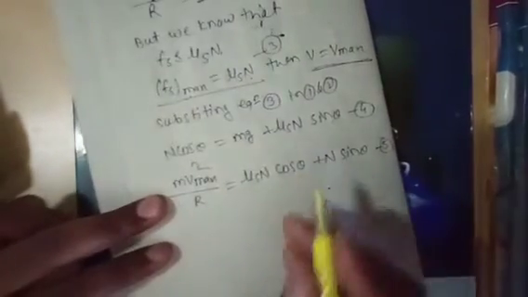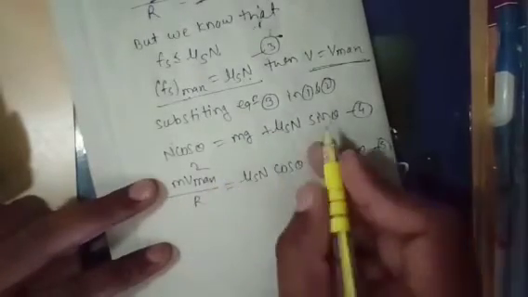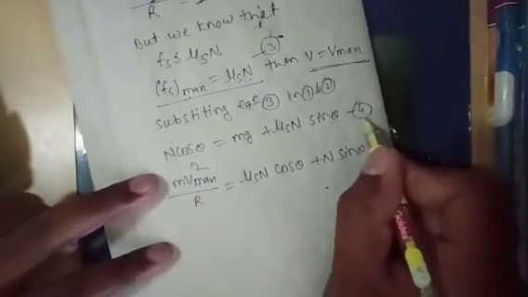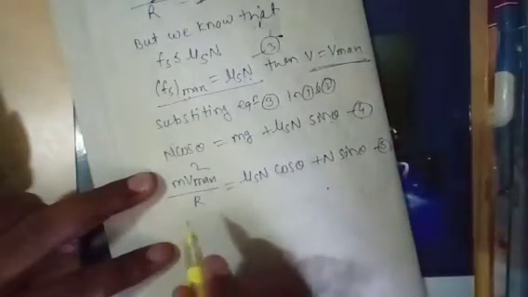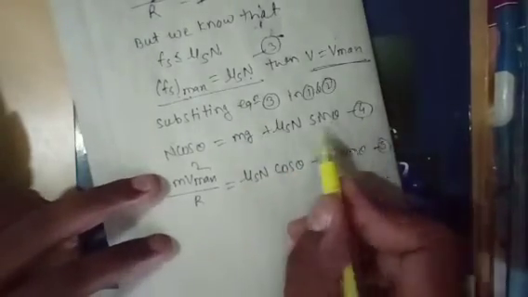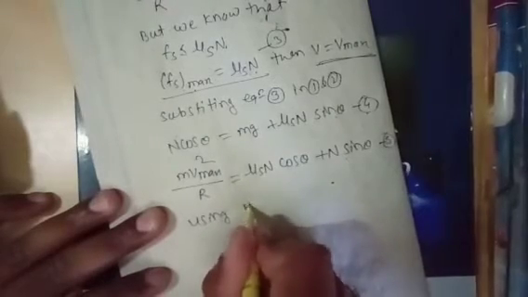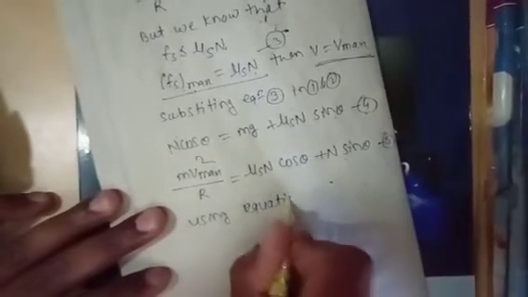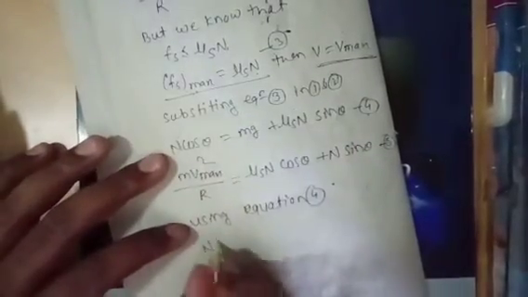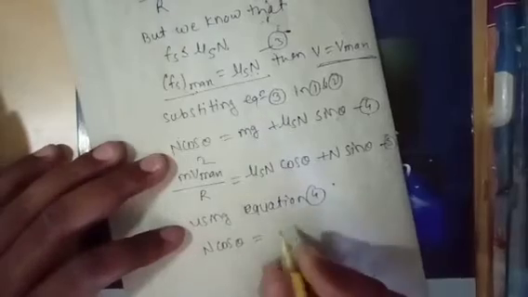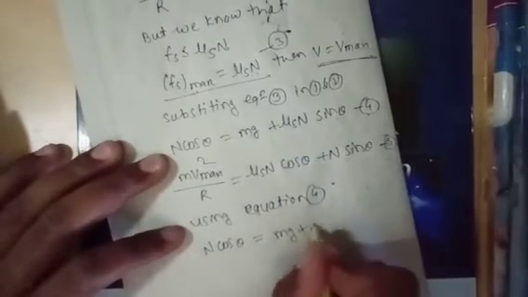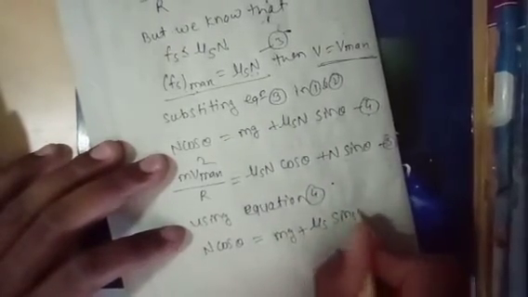Now using equation 4, see how you can derive. Equation 4 is N cos theta equals mg plus mu s N sin theta.